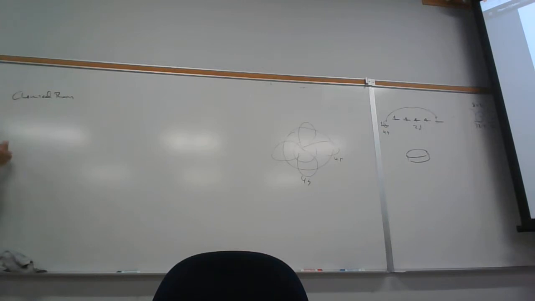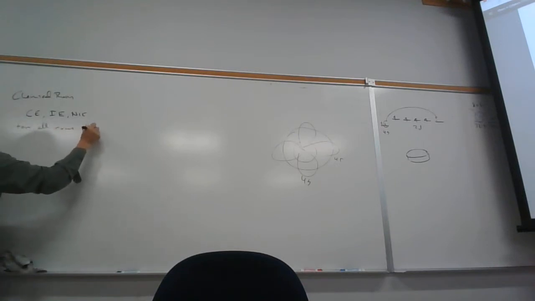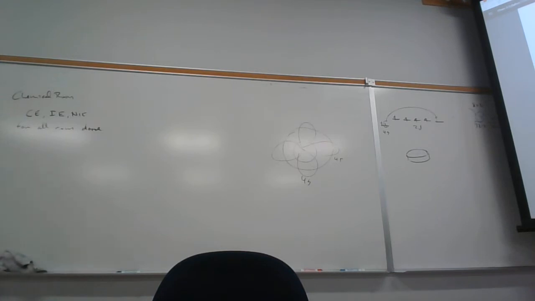What I want you to do is write the CE, the IE, and the NIE for all the reactions. Not the ones that you didn't do, for all reactions done. The first part didn't actually ask for a reaction to write it?